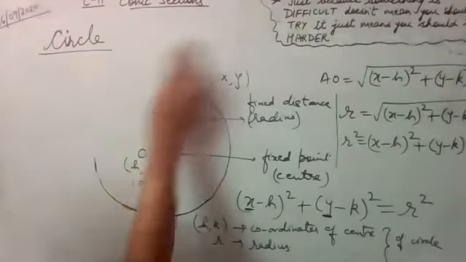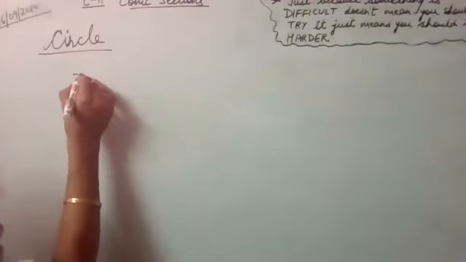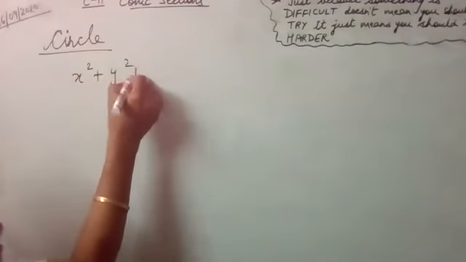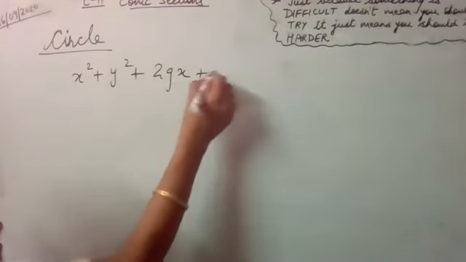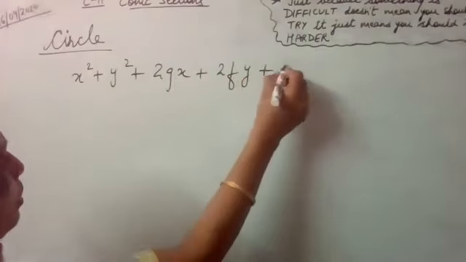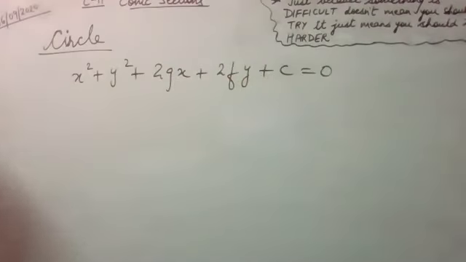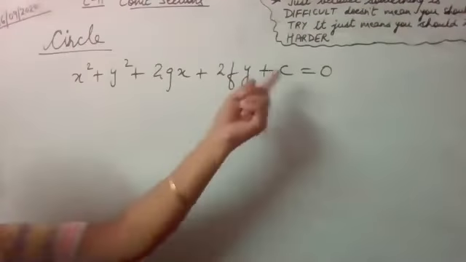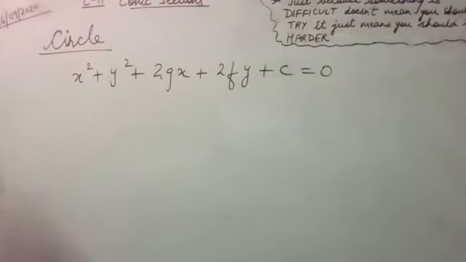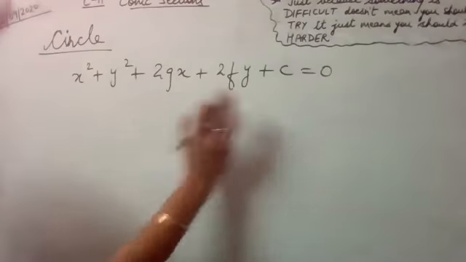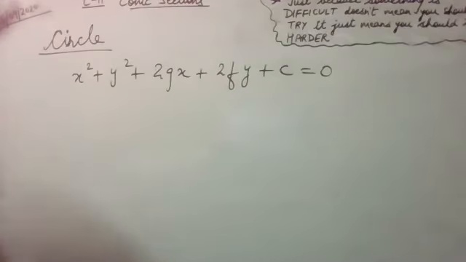We get x square plus y square plus 2gx plus 2fy plus c equal to 0. This is the general form. We have just changed the constants, or coefficients of x and y. So this is also one of the general forms of the equation of a circle, where the perfect square is not there.